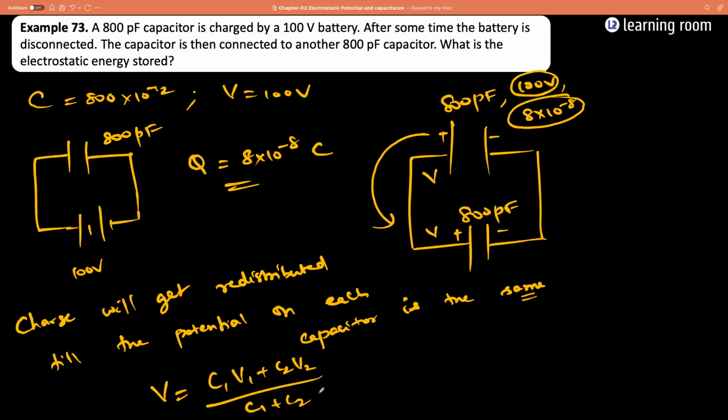So basically, what is C1 V1? Charge on capacitor 1. C2 V2 is the charge on capacitor 2, divided by the equivalent capacitance, that is C1 plus C2. So what is the value of C1 V1? That is 8 into 10 power minus 8 plus, what is the value of C2 V2?